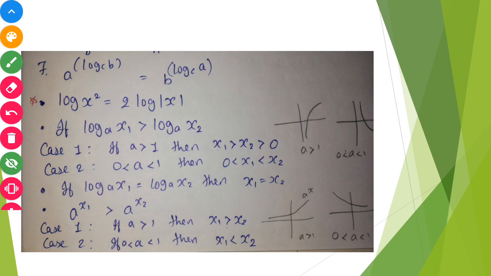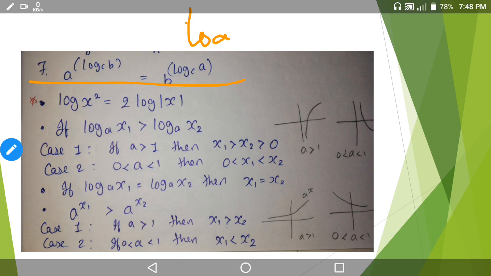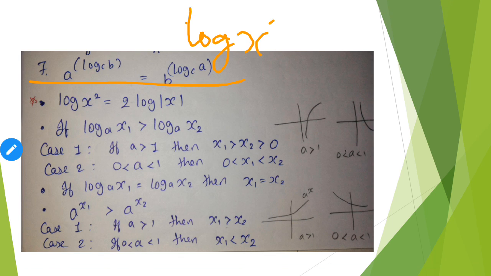Now, as we have discussed this property, whenever it is log of x square, students make a mistake. They write log of x square is equal to 2 log of x, using the power property.